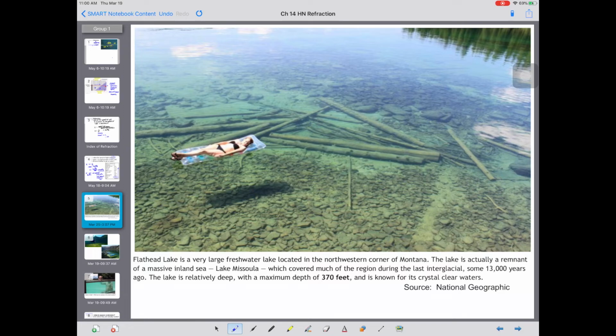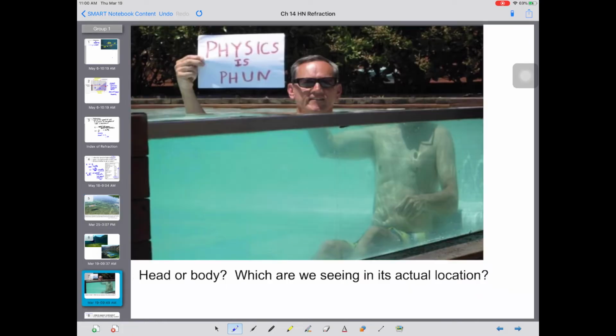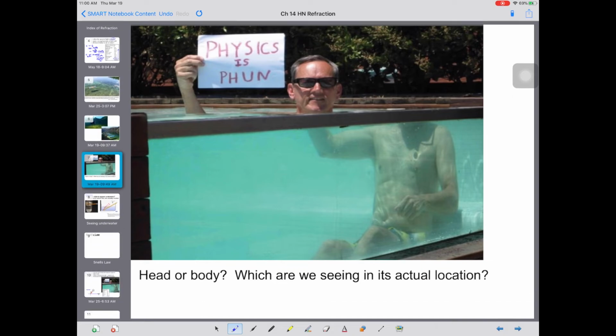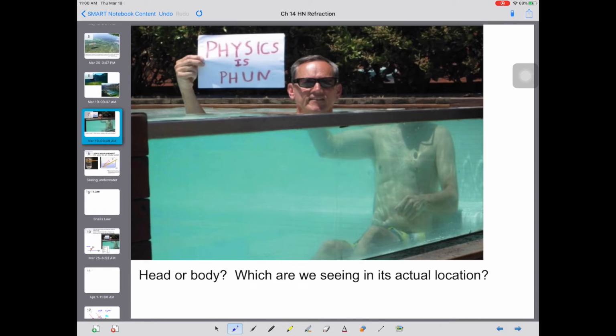We misjudge the distance. Along with misjudging the distance, when light bends, we often misjudge where things are, as in this picture right here. Head or body, which are you seeing in its actual location? Now, if you think about it, you're judging things accurately through air.